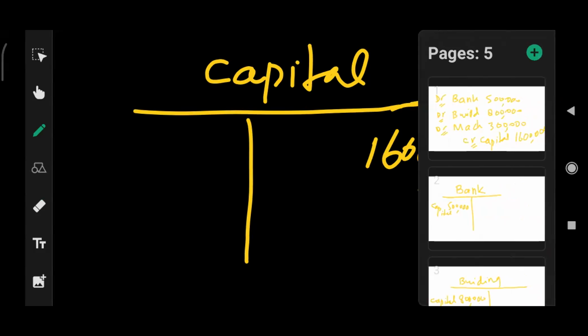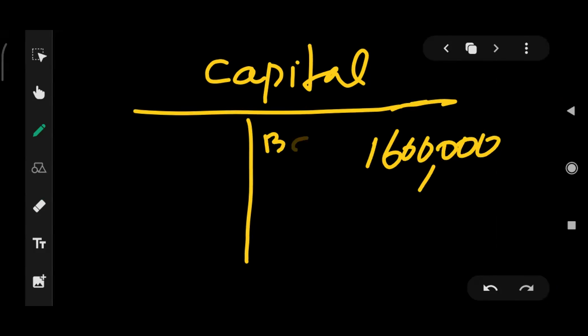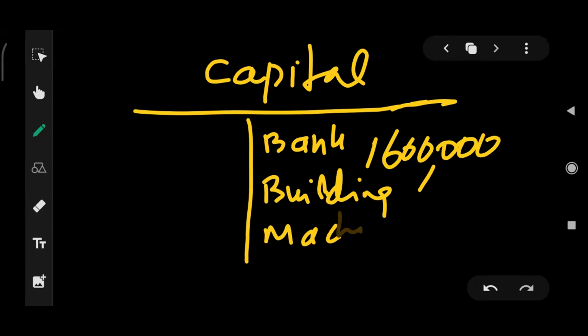As a reference, I have to record the debit of this transaction. So what is on the debit side? It is bank, it is building, and it is machinery. I will write all three things with this amount because capital is being credited with 1.6 million due to all these three transactions.